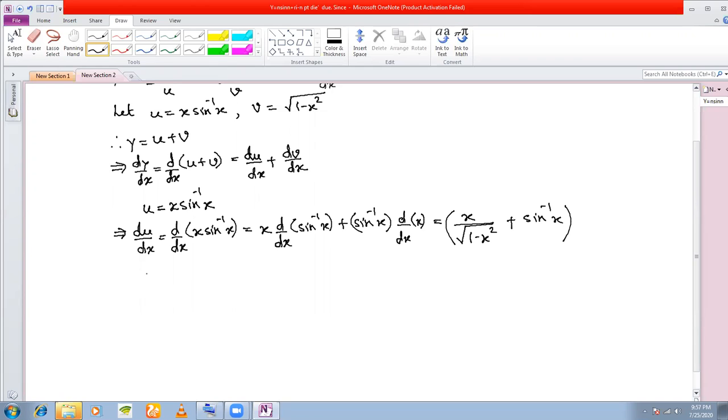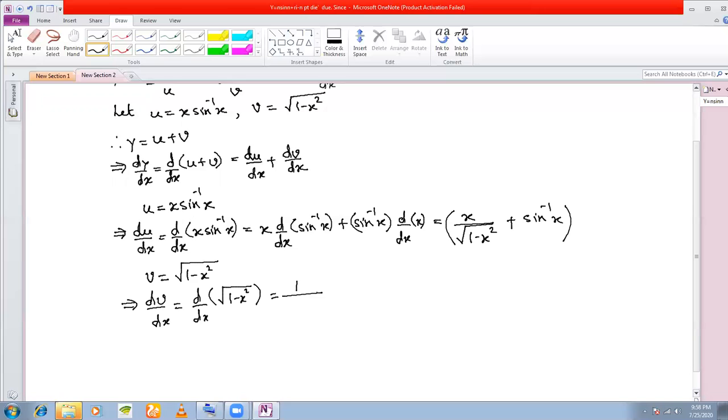Now let me see how we get dv dx. v is equal to root 1 minus x square. Therefore, dv dx is d/dx of root 1 minus x square. What is the differentiation of root 1 minus x square?